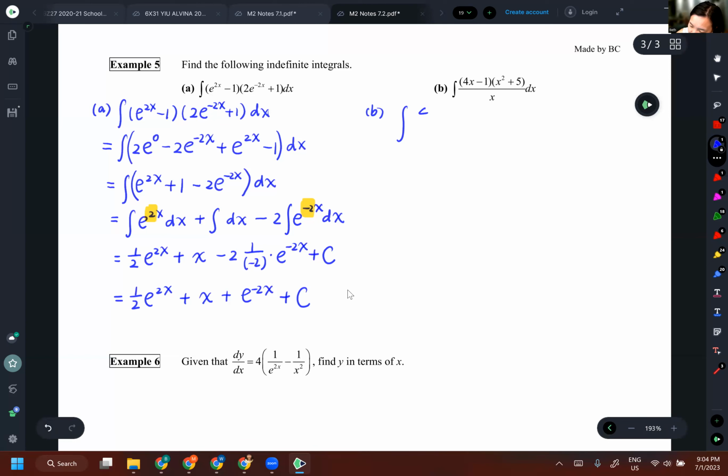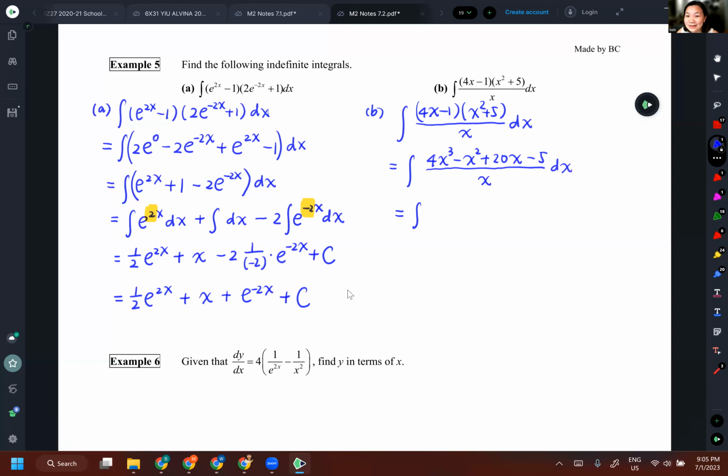Copy the question. Now, since we cannot separate product or quotient, you have to expand. So what you do is, okay. And then you will write 4 terms separately, and each one is a power.